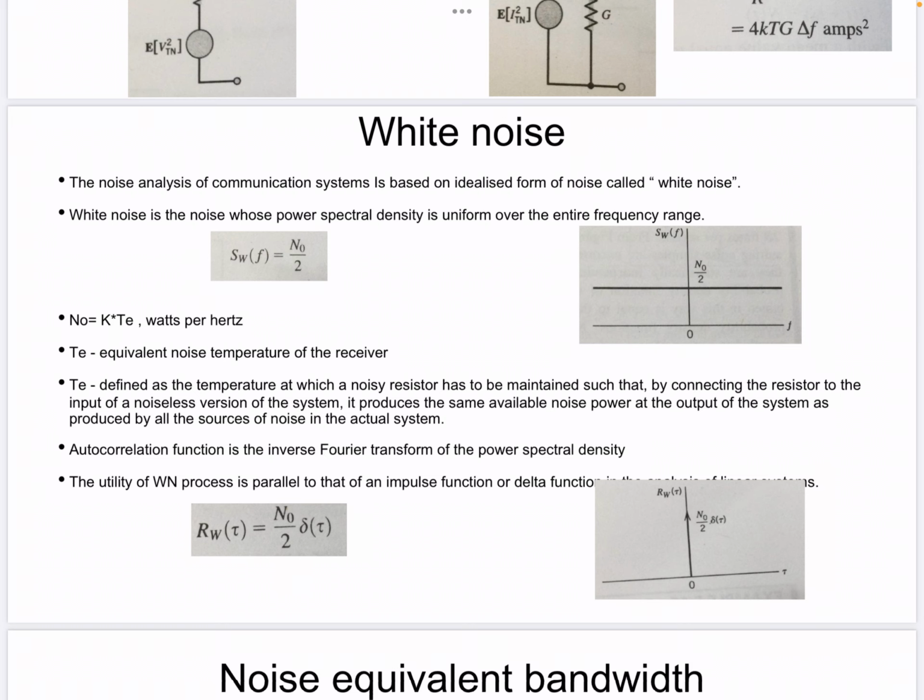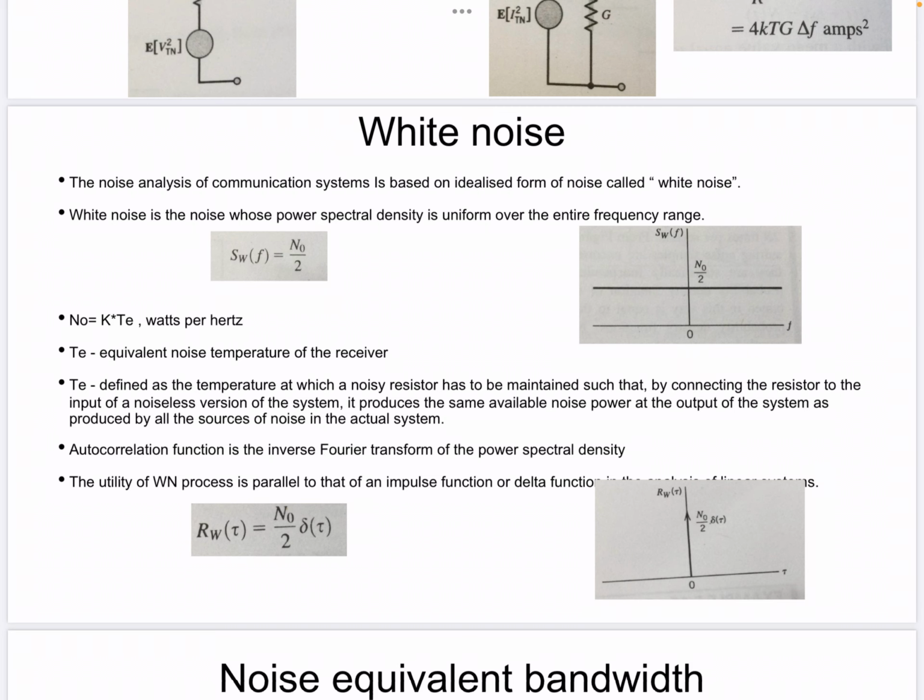So you can see the autocorrelation function diagram characteristics. That means the autocorrelation function of white noise consists of a delta function weighted by the factor N naught by 2, occurring at tau equal to 0, as you can see in the diagram. So we note that R_W of tau is 0 for tau not equal to 0.